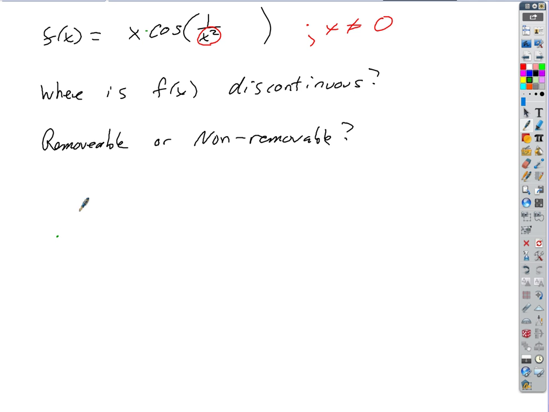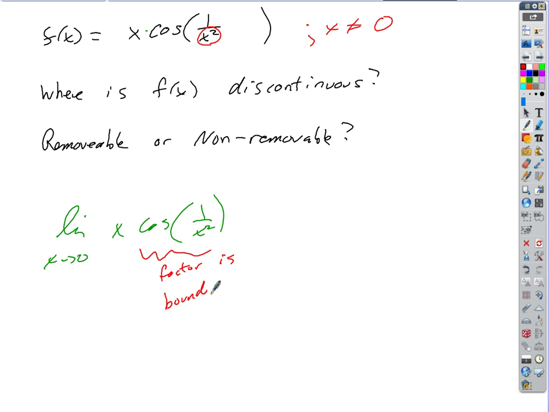If we took the limit of f of x, we would say that this factor right here is bounded, or contained, right?